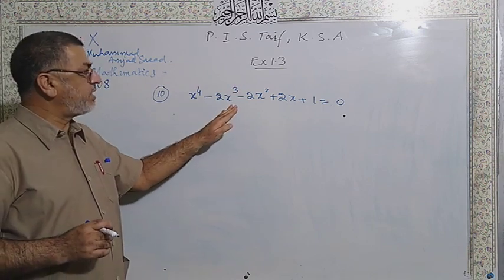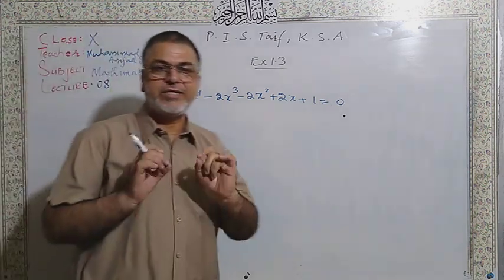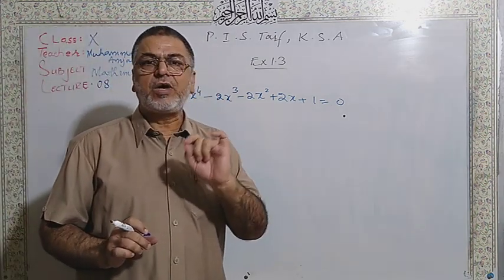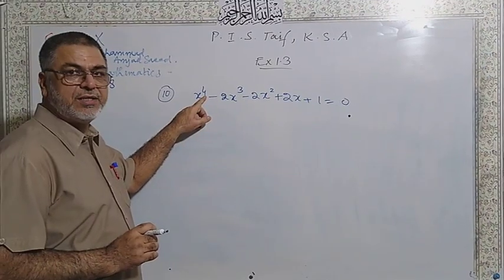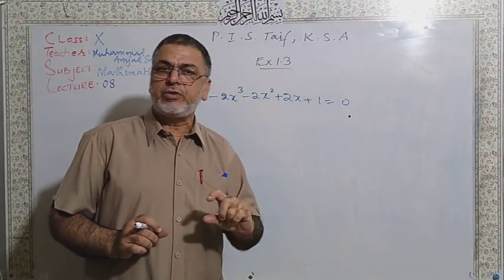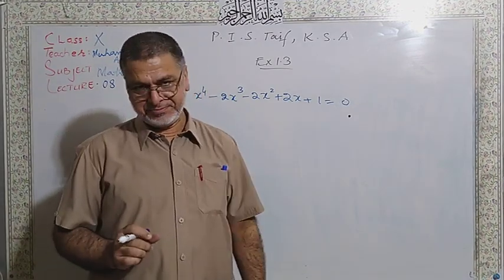So for solving this equation, remember that we have to convert it into the standard quadratic equation. This is biquadratic equation, power 4. And we will convert it into standard quadratic equation which involves x square.